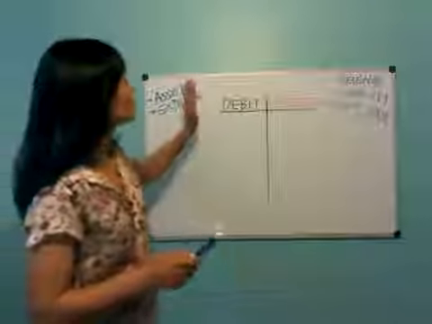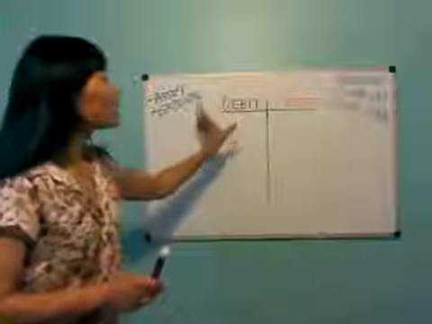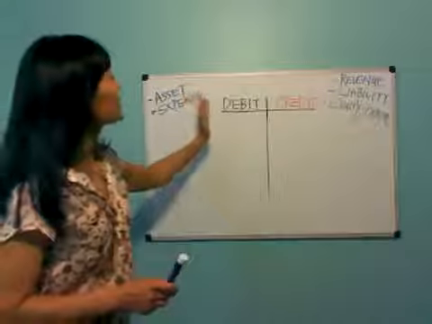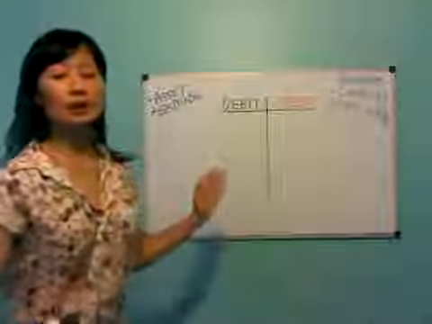So what does it mean to say debit and credit? Debit really just means the left-hand column sitting on a journal. So what is the journal? This is a sample of the journal we used before we started using accounting computer software.